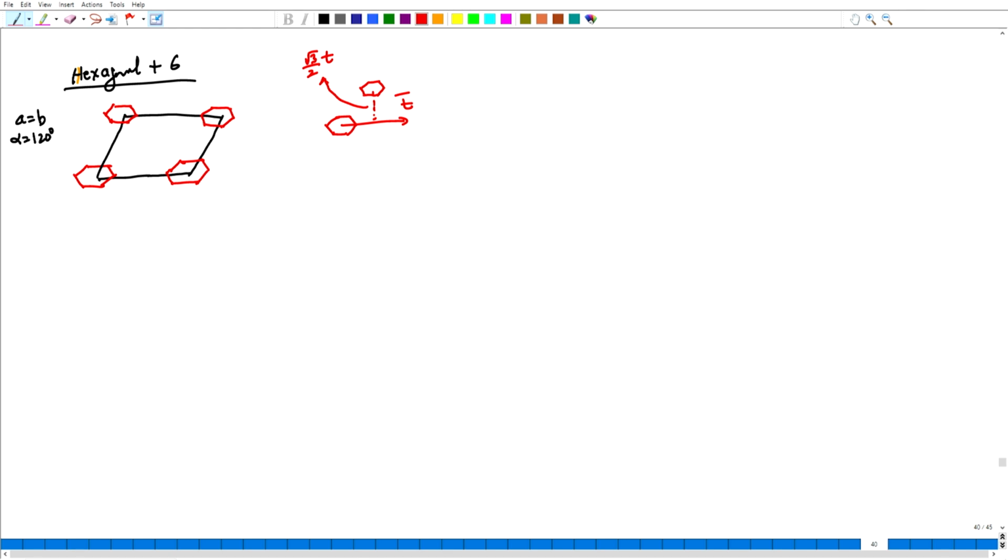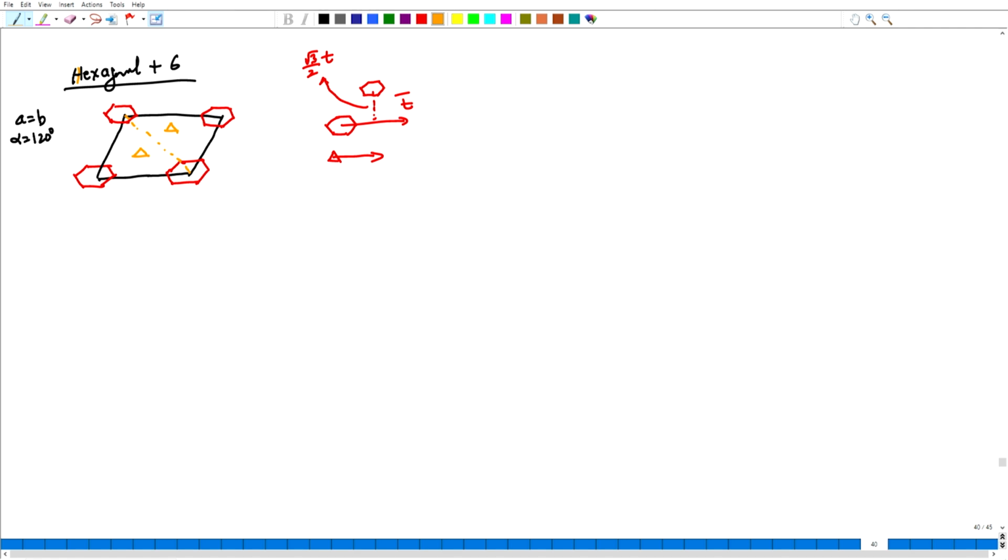So, that is gone, no new 6-fold, but now this 6-fold has a subset of 3-fold as well. So, what would happen? Exactly the same place. If I just divide this into 2 equilateral triangles, I will have a 3-fold out here and another 3-fold out here.